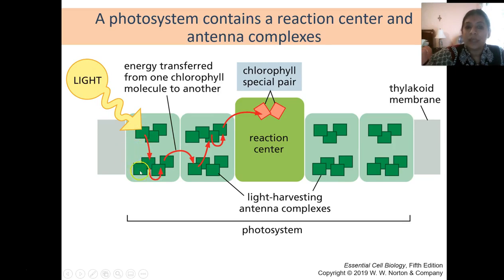That essentially gets transferred from one chlorophyll molecule to the other until they reach the special pair of chlorophyll molecules in the reaction center, where that energy can then be stored and processed. These individual stacks of chlorophylls are what we call light harvesting antenna complexes. They are just a bunch of chlorophylls, not physically joined, but stacked together inside these antenna complexes, where they can be used to transfer energy from one place to the other.